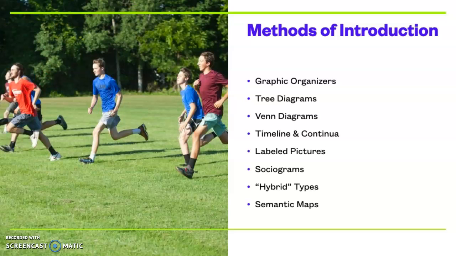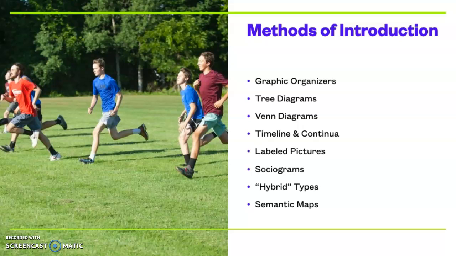Methods of introduction. These are just a list of some of the introductions you could start with your TEAK. Could be graphic organizers, tree diagrams, Venn diagrams, timelines and continua, labeled pictures, sociograms, hybrid types, semantic maps.